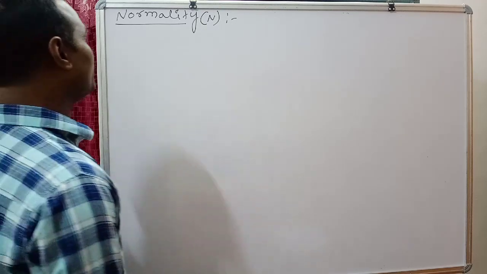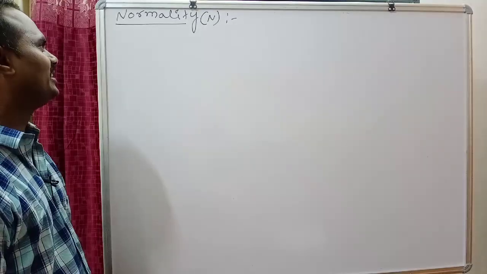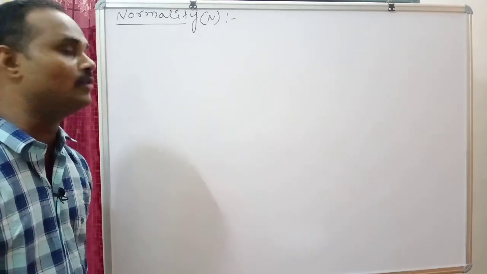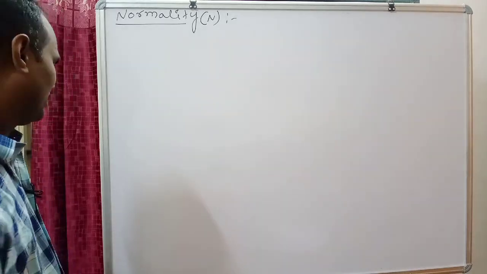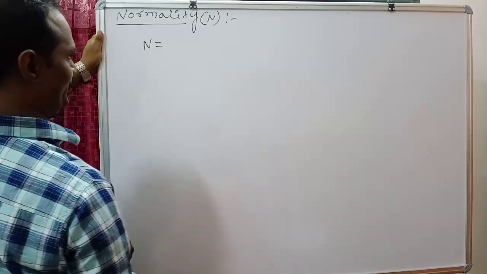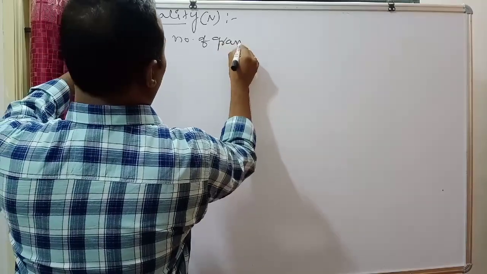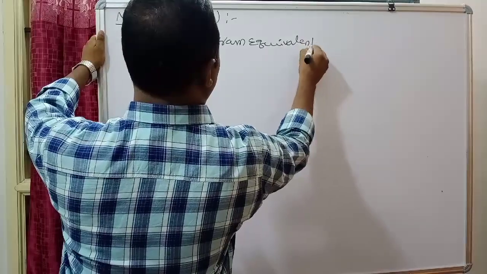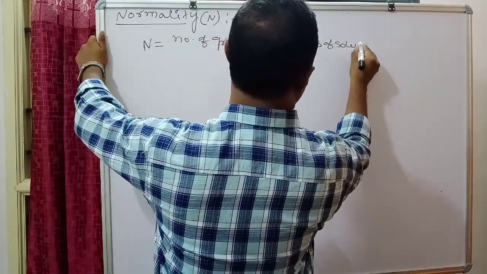First, normality is denoted with capital N. Definition for normality: the number of gram equivalents of the solute present in 1 liter of solution is known as normality. We'll write the mathematical expression. Normality is equal to number of gram equivalents of solute.